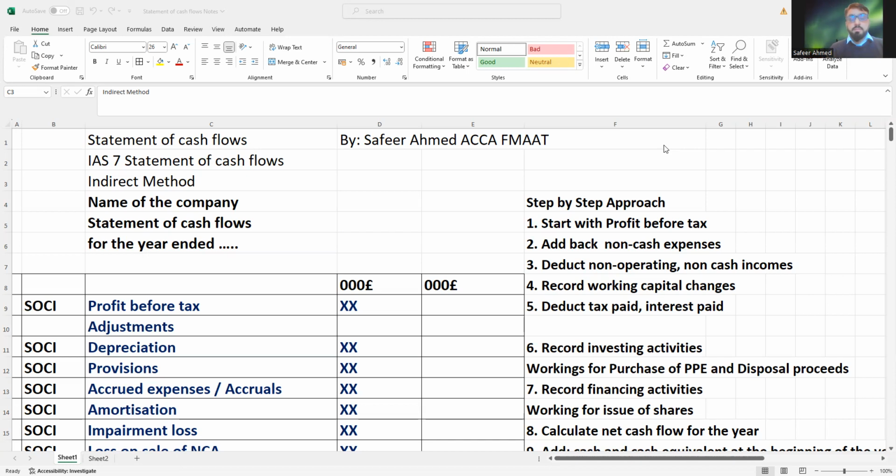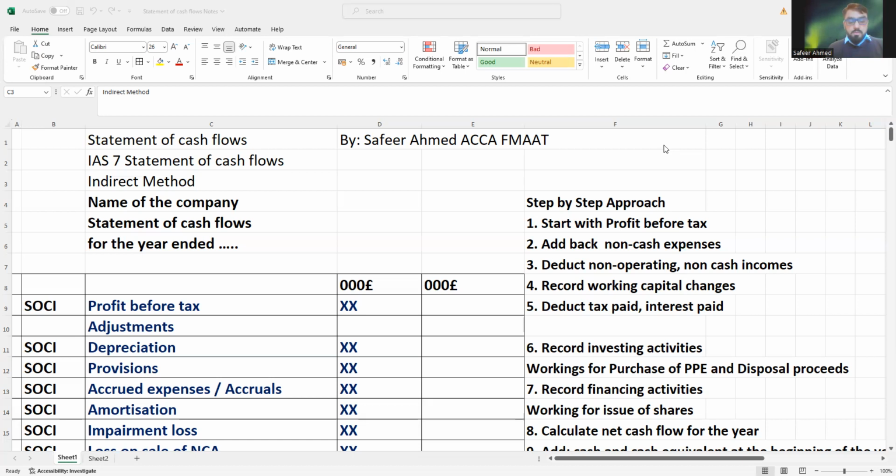Why is that? Because remember, when we prepare the income statement, we use the accruals concept. And the accruals concept says that we are going to record expenses incurred and incomes earned, rather than when money is paid and received.